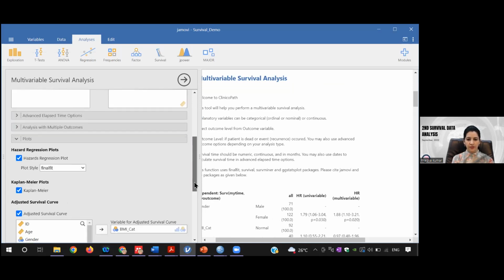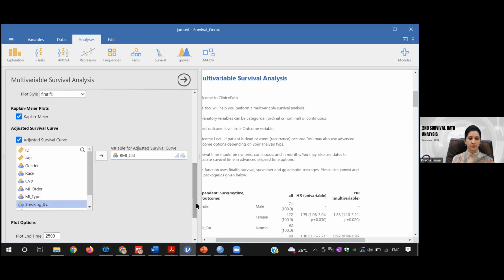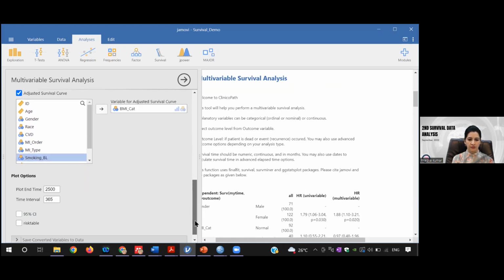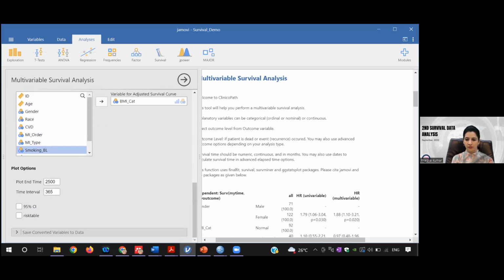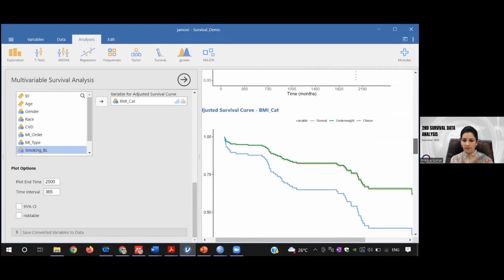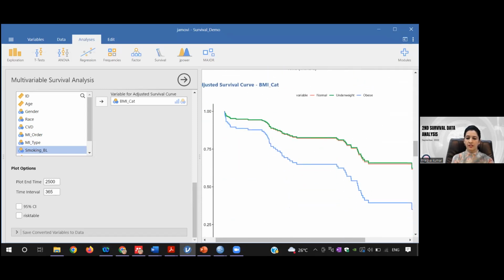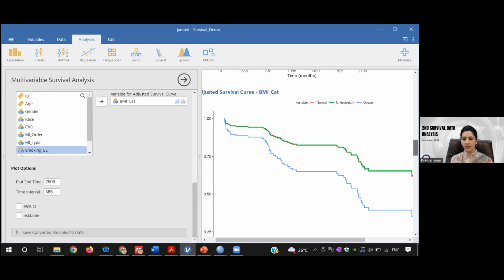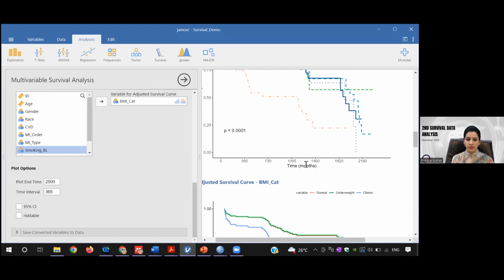And if I come down here, now this has disappeared. You can see the adjusted survival curve for the BMI category. This is normal, and there are 3 lines. But these 2 lines are merged into a single one because they were not significant. We have seen that.